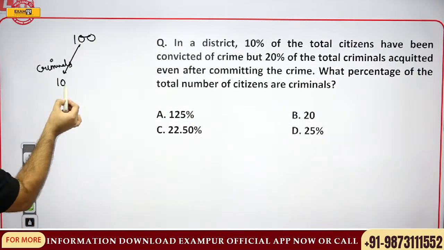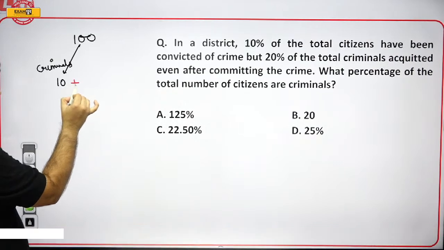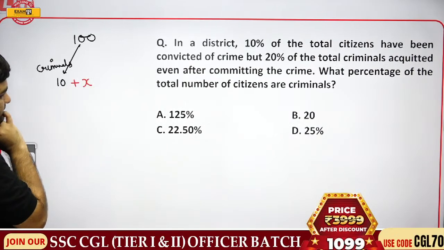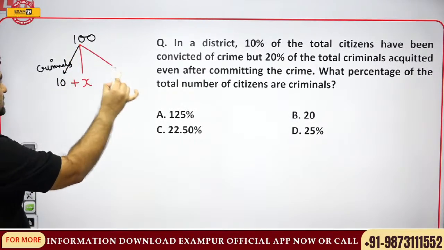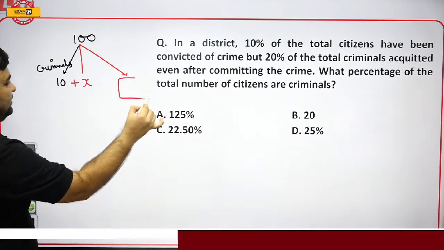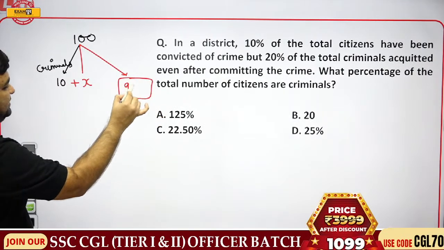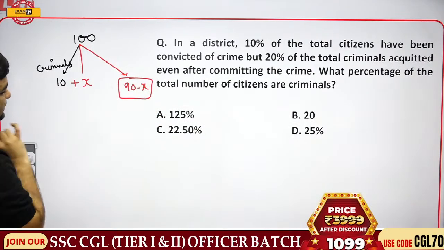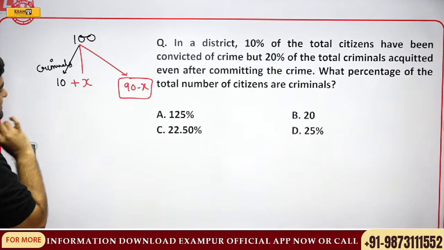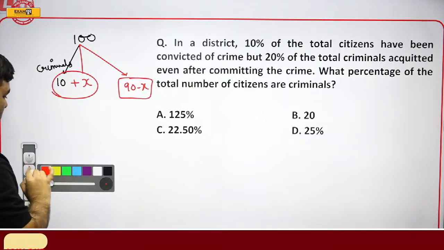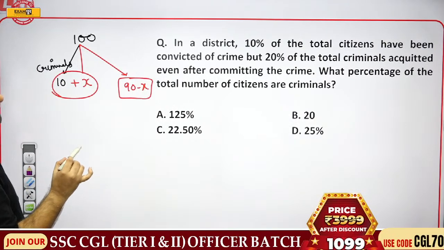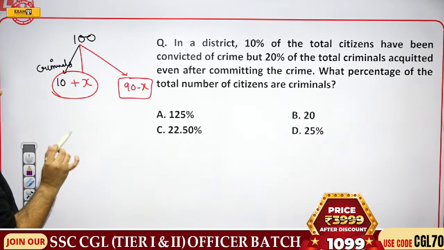Let X more criminals be there. So non-criminals are 90 minus X. And 20% of these are acquitted.